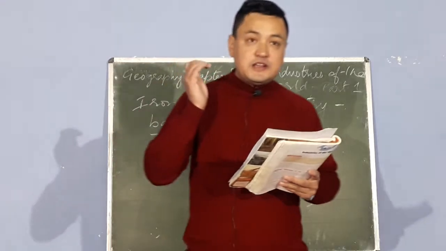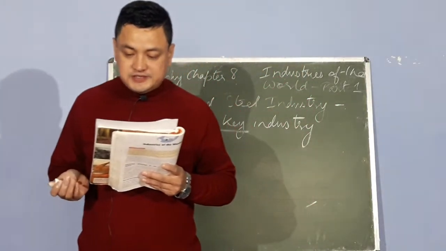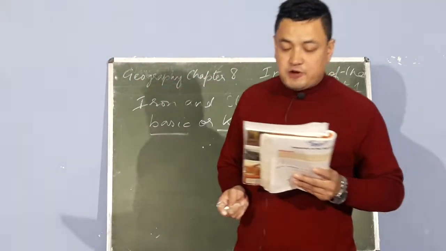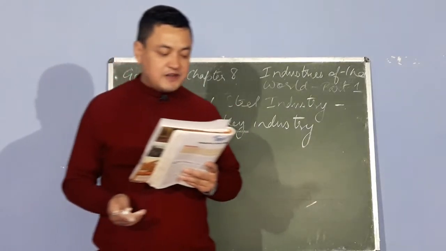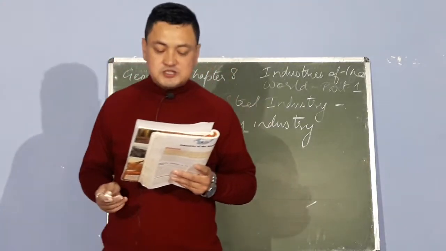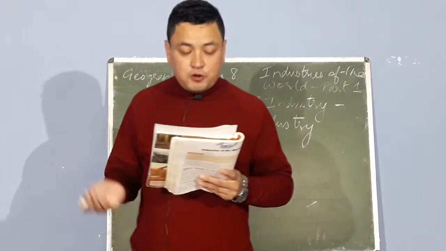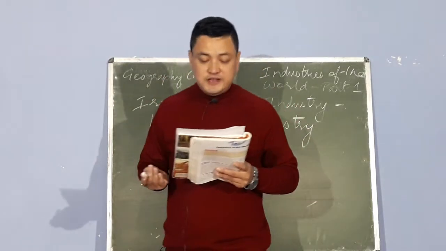Most of the important industries that we come across, like automobile industries, locomotive industries, railway sleeper industries, shipbuilding industries, machine tools and manufacture of defense equipment industries, depend on iron and steel industries. So whenever I am talking about other important industries, I am talking about car industries. This is known as automobile industries.